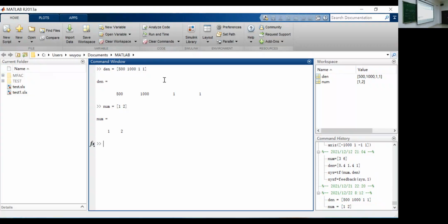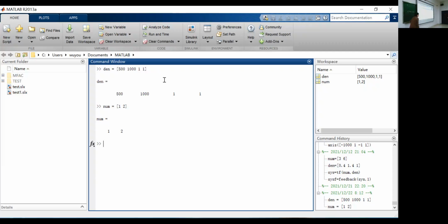Then what code should we use to connect them together to get the transfer function? Division code. Yeah, there is a code called tf. This code means you get a transfer function by connecting the numerator and denominator.